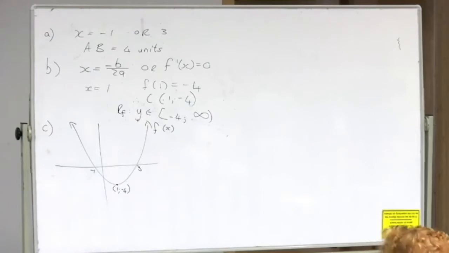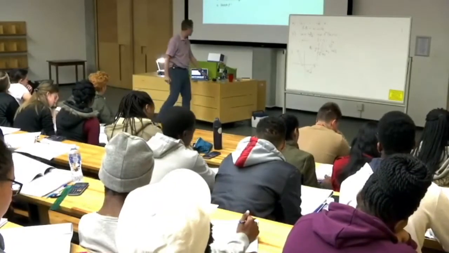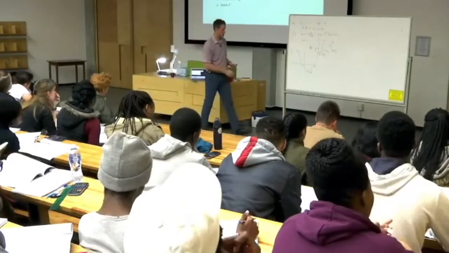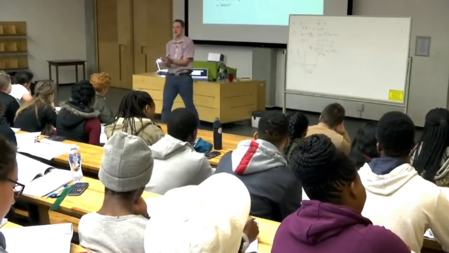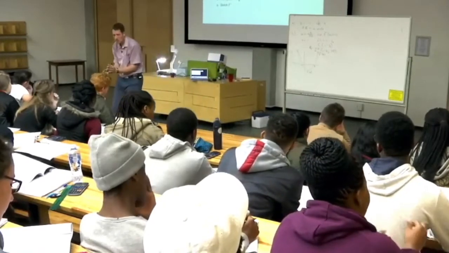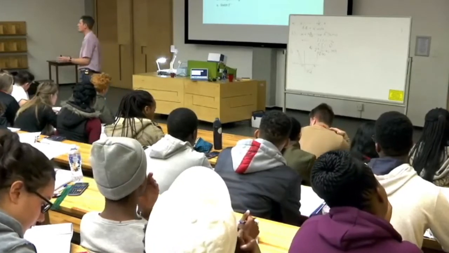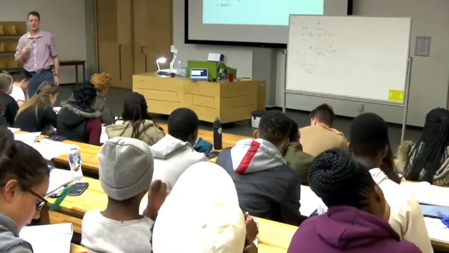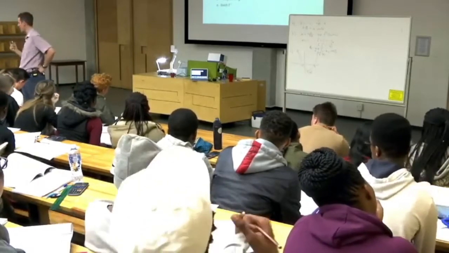My question now, if I ask you, where is f of x greater than 0? Again, what does f of x represent? The y values. Okay, guys? What does f to the -1 of x represent? The x values.